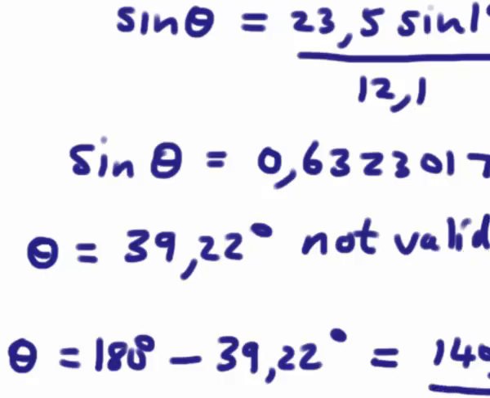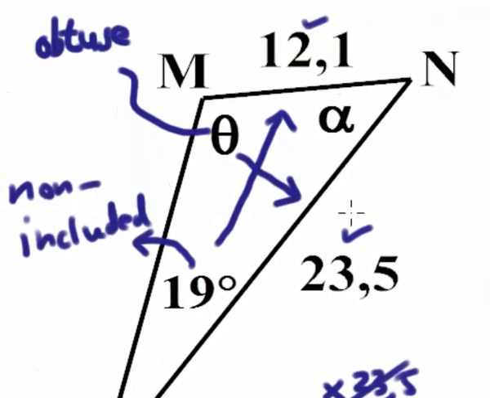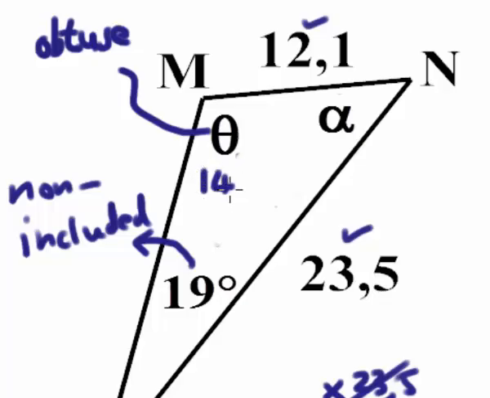So you immediately know that this angle theta is going to be 140,78 degrees. Okay, so if we tidy that up a little bit there, let's fill it in. And there we go. So what do we have here? So this angle is 140,78 degrees, rounded off to 2 decimal places.